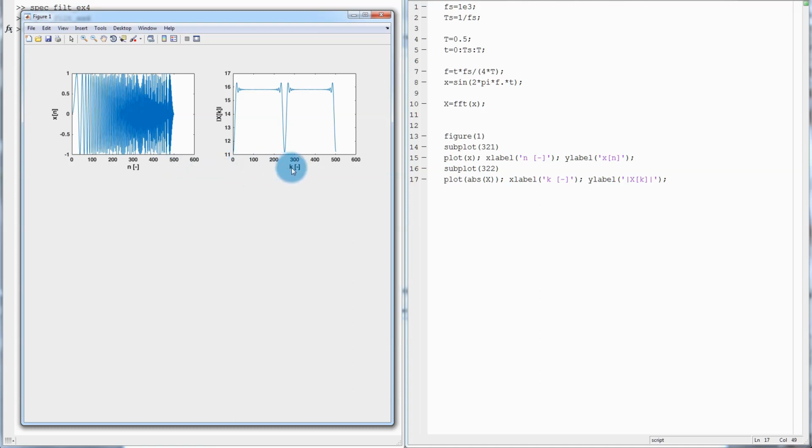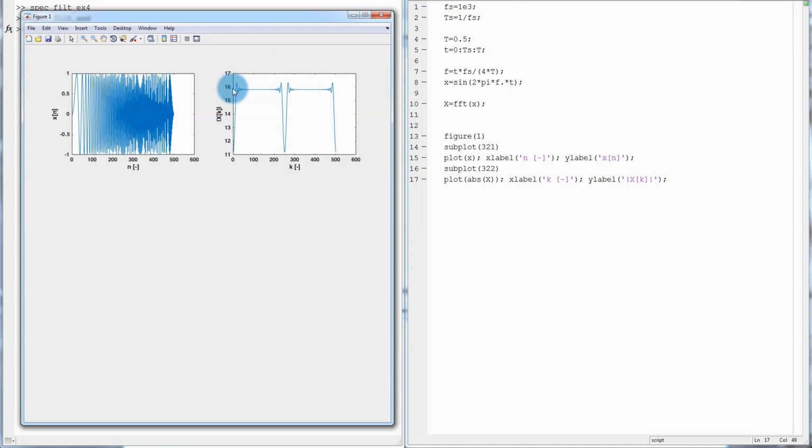And this horizontal axis corresponds to the frequency axis from 0 to the sampling frequency. Further, remember and observe that this part of the spectrum is just a mirror image of this part of the spectrum.